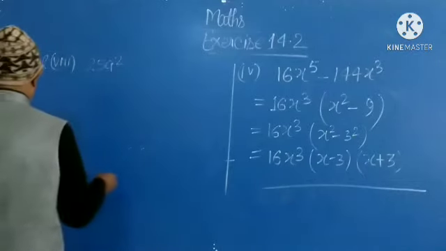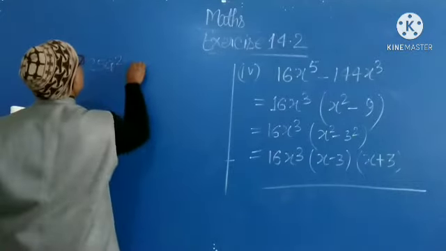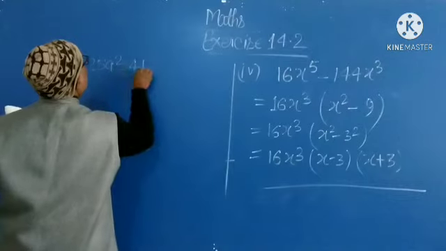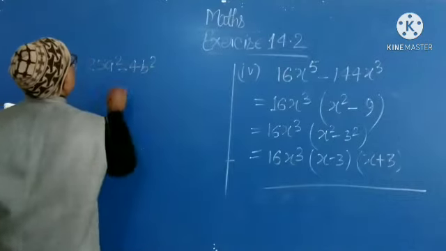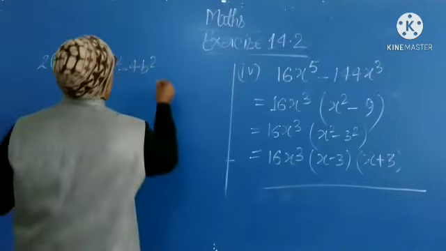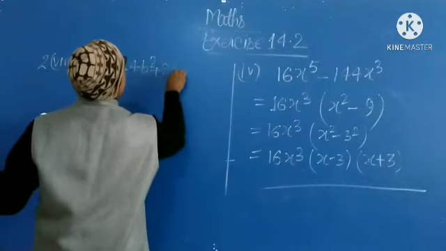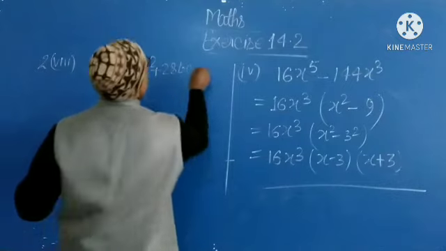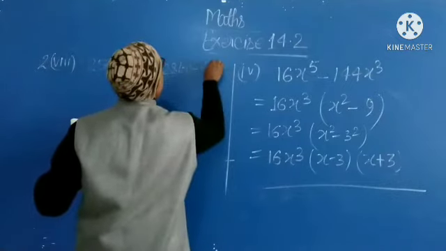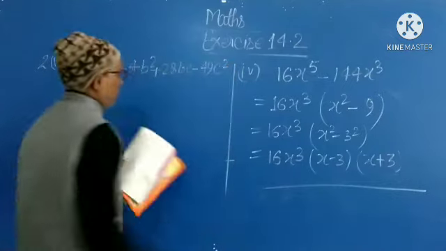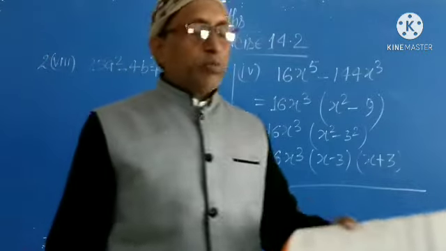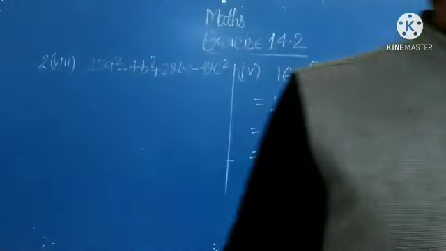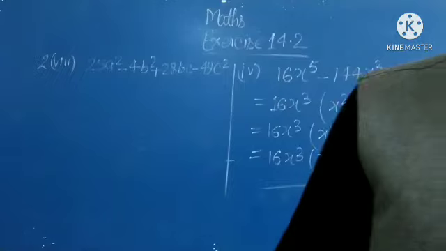25a square minus 4b square plus 28bc minus 49c square. This is the expression which you factorize.